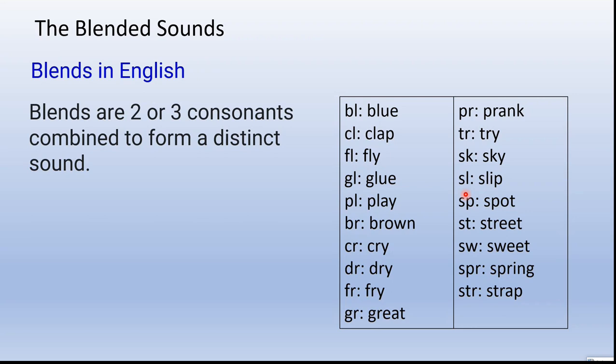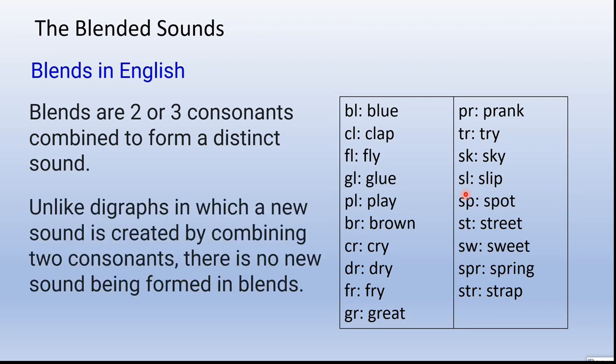So there is another thing called digraphs. For example, C and H combine to give the sound ch. So a new sound is being formed because neither C nor H independently gives the sound ch.